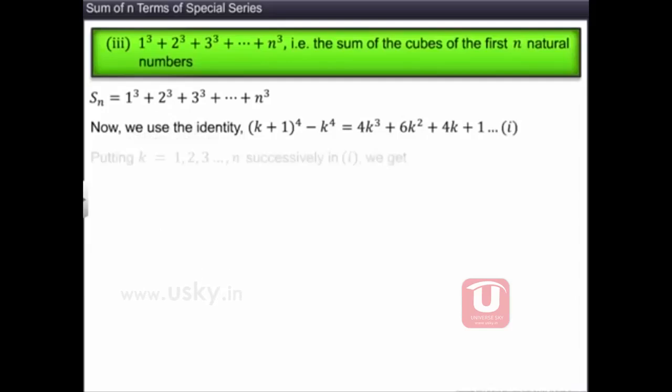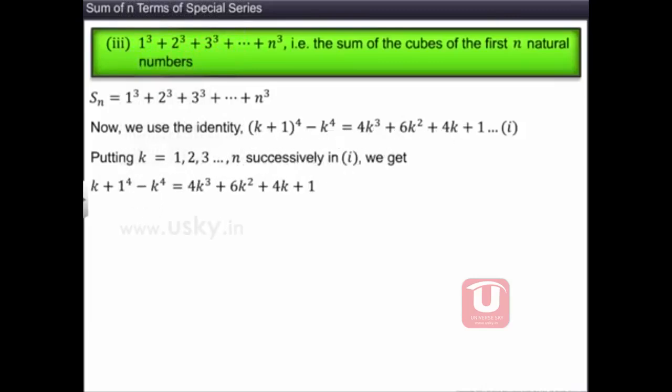Putting k is equal to 1, 2, 3, and so on, up to n successively in equation 1, we get 2 raised to the power of 4 minus 1 raised to the power of 4 is equal to 4 into 1 cube plus 6 into 1 square plus 4 into 1 plus 1.